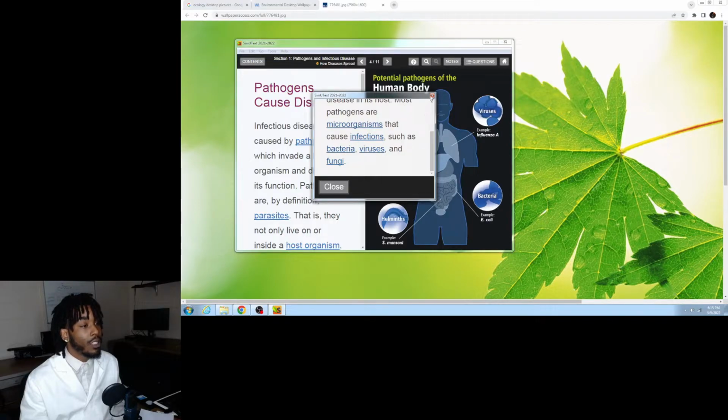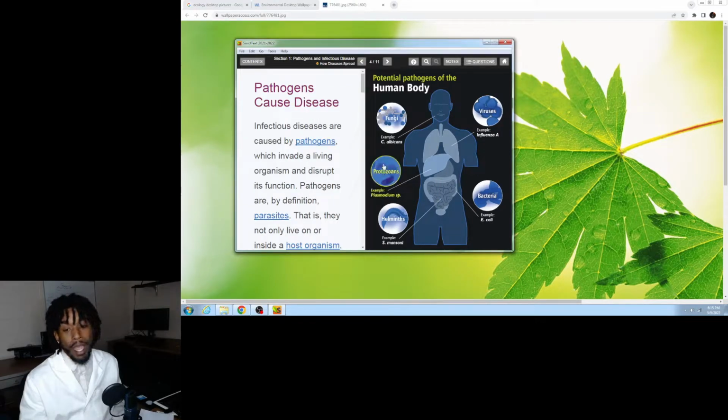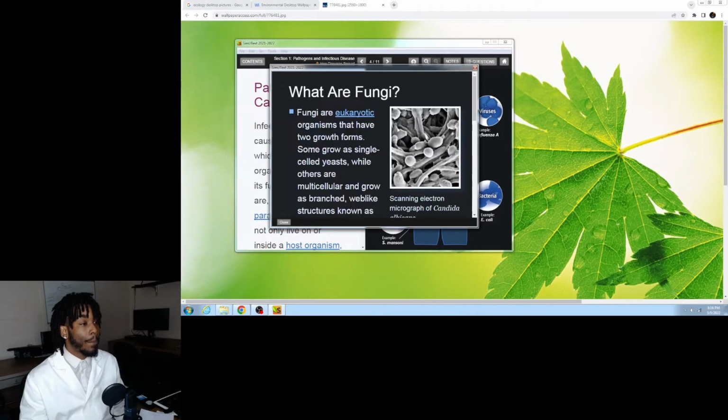And here to the right, I really like the examples that they gave here because it's potential pathogens of the human body. So it shows and highlights exactly where you could find these viruses inside the body, and it gives examples of influenza, E. coli. So if we go, let's just read one of each of them.